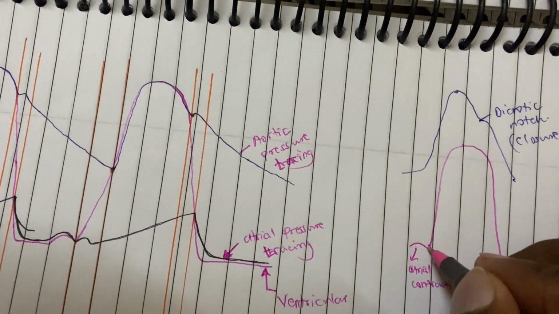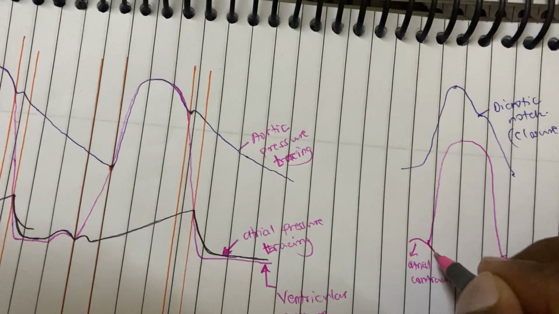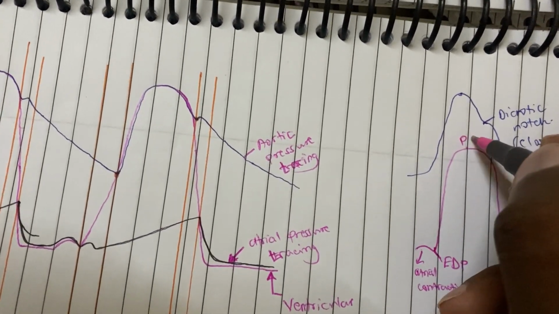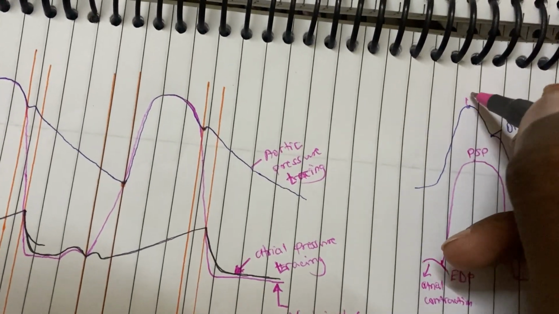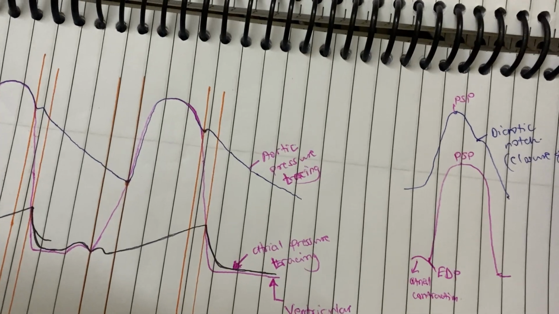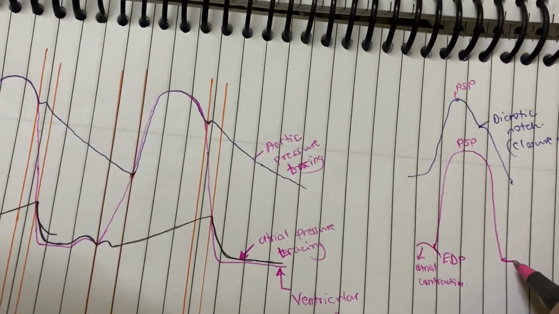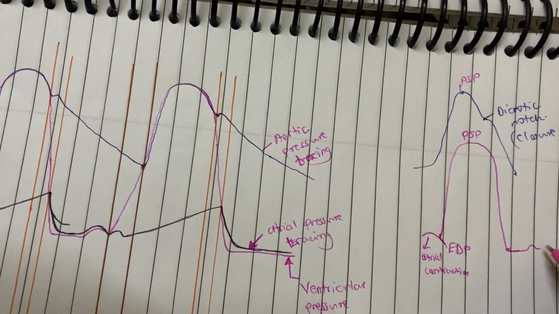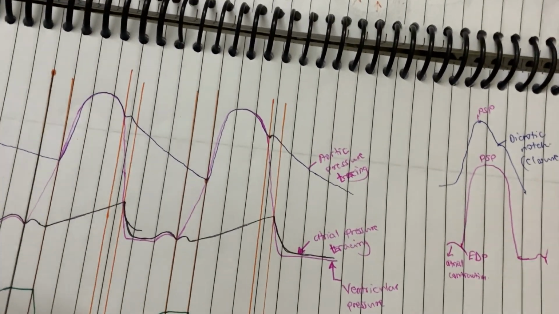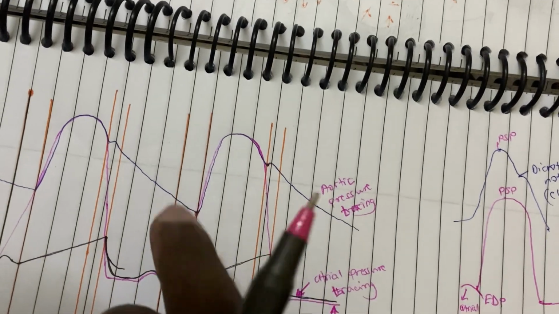No, actually end diastolic is here. End diastolic pressure, peak systolic pressure. Here it is diastole, and then atrial kick, and then end diastolic pressure. It is this one here.